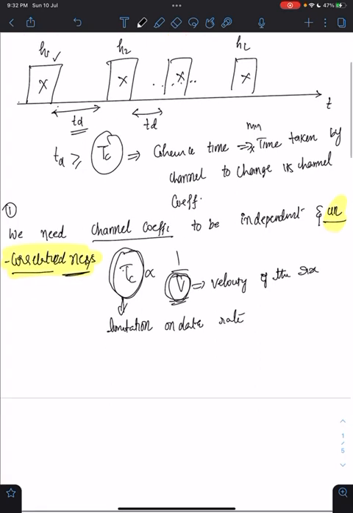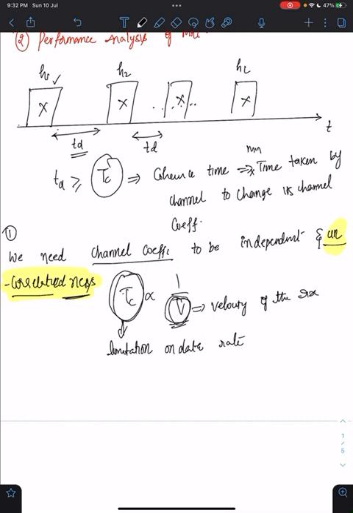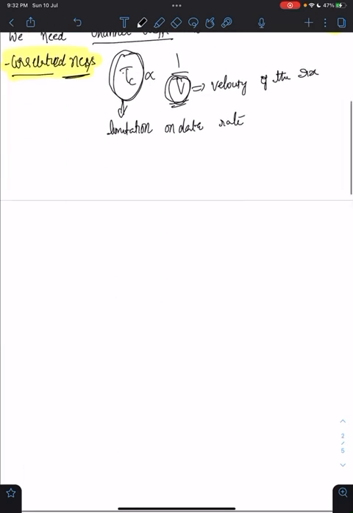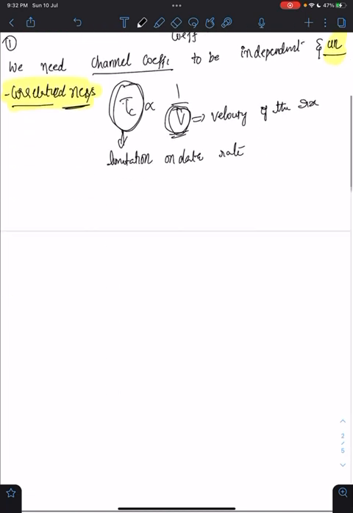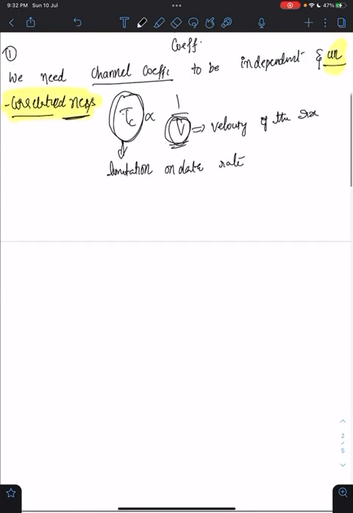Why do we need to make sure that all the channel coefficients are IID? We will get to know that in the later part of this lecture. So let's go ahead and write down the equations. Y1 equals H1 x plus N1.